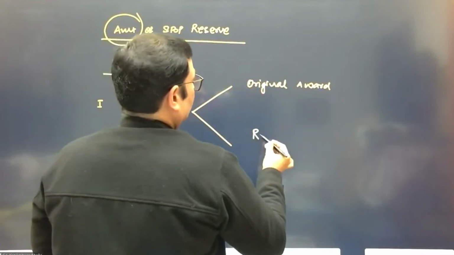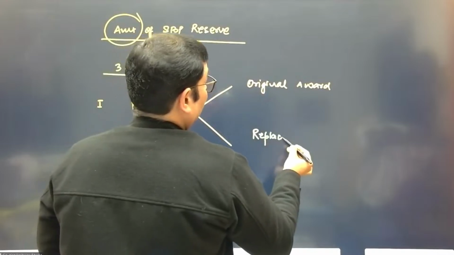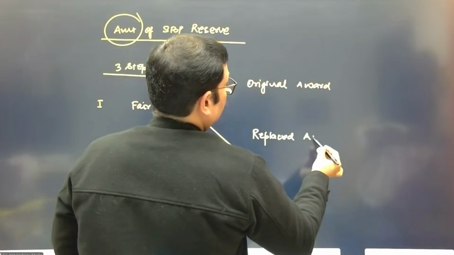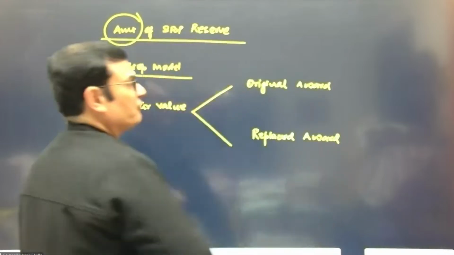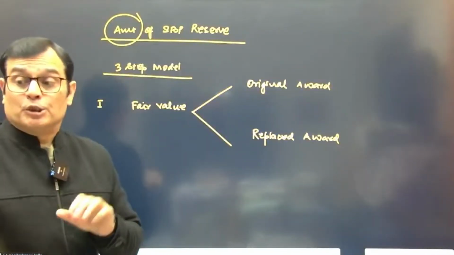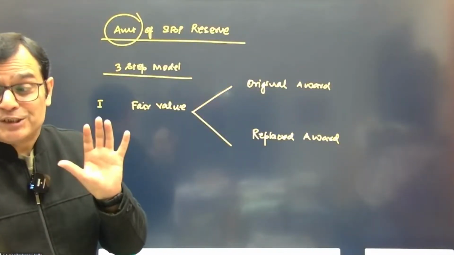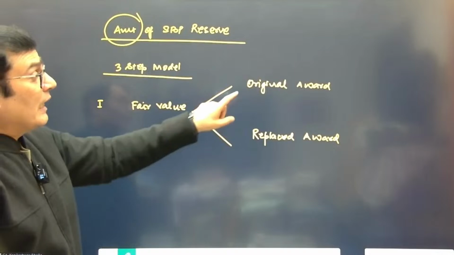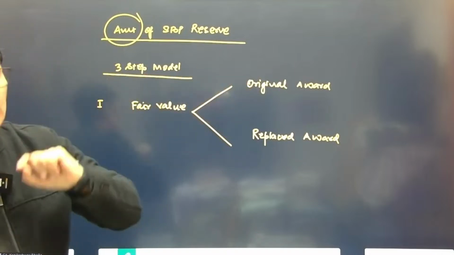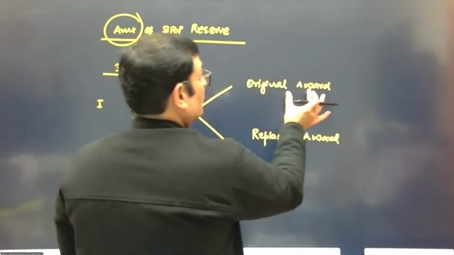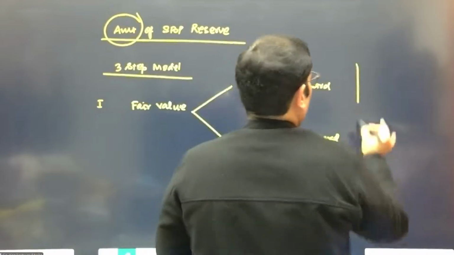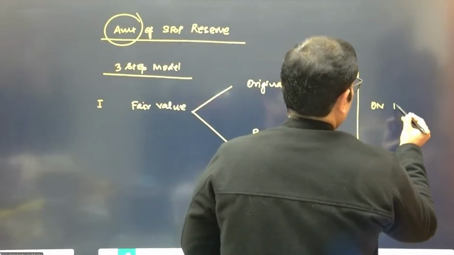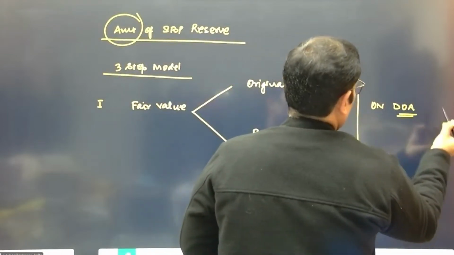And I will also get the fair value of the replaced award. So we will organize the fair value of both the awards. You will see this data very clearly given in the question. So I will pick up the fair value of the original award and the replaced award on date of acquisition. This will be very clearly stated in the question.